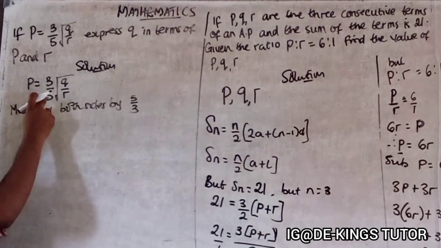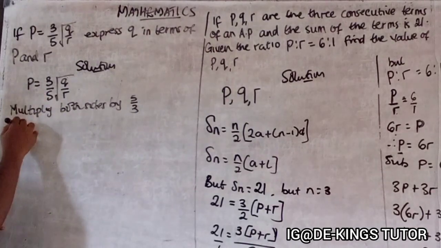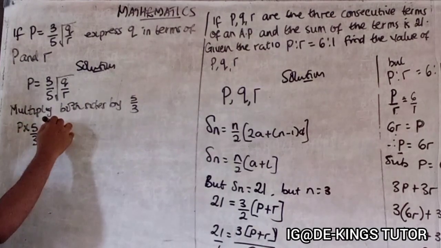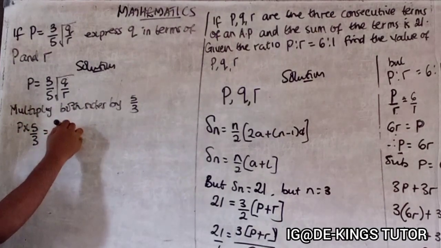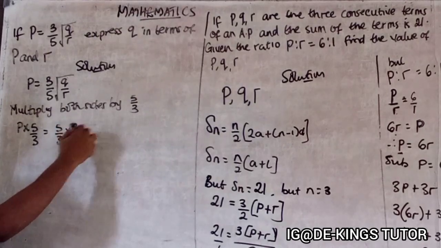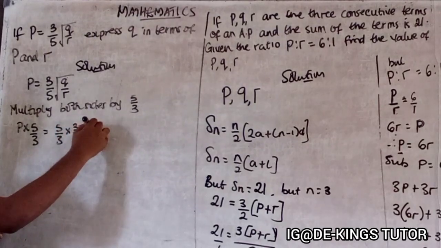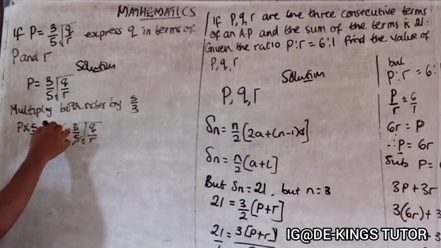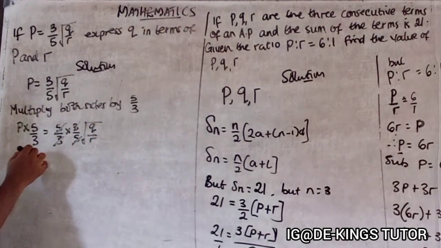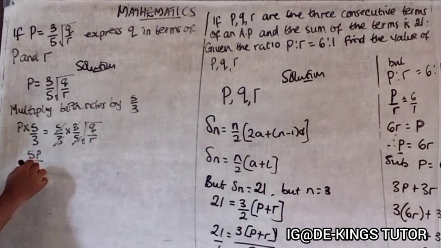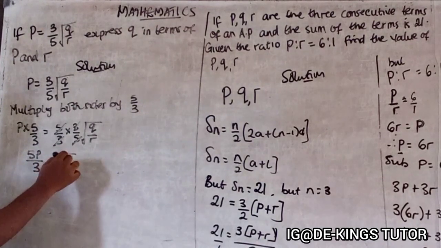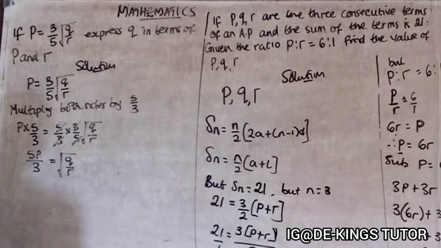Our aim is to eliminate this. So we have P times 5 over 3 equals 5 over 3 times 3 over 5 square root of Q over R. This cancels this, so we now have 5P over 3 equals square root of Q over R.